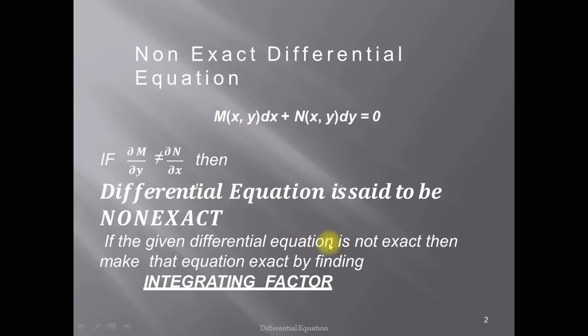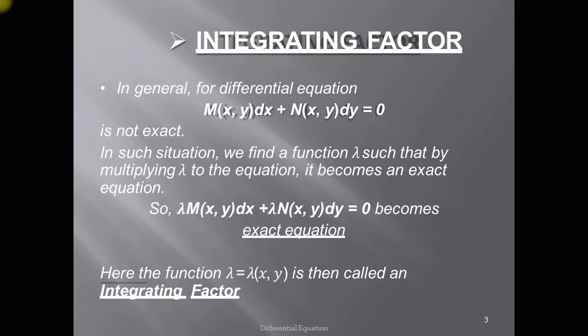If the differential equation is not exact, then make that equation exact by finding an integrating factor. First of all we find an integrating factor, and then we multiply it with the given differential equation, and after multiplying, the equation becomes an exact differential equation.